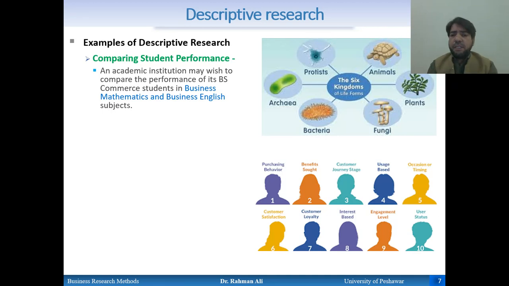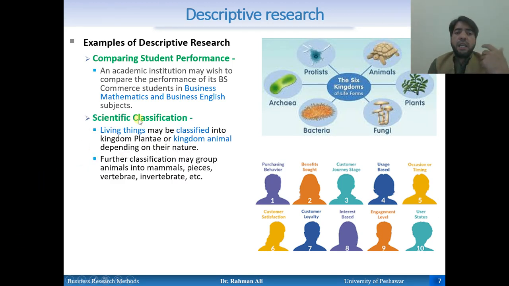Some examples of descriptive research: comparing student performance. If you are going to compare the results of commerce students in two subjects, mathematics and business English, and you are comparing the student performance in these two subjects, this will come under descriptive statistics.